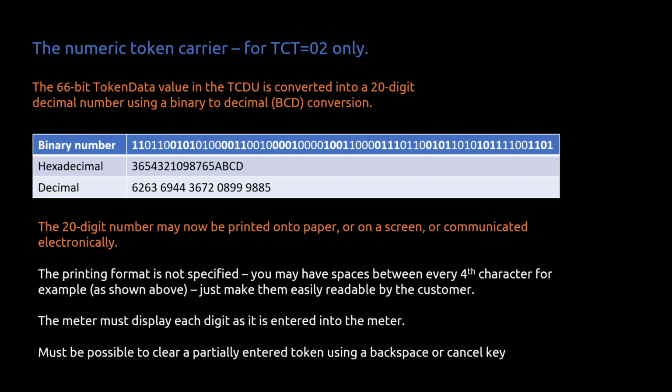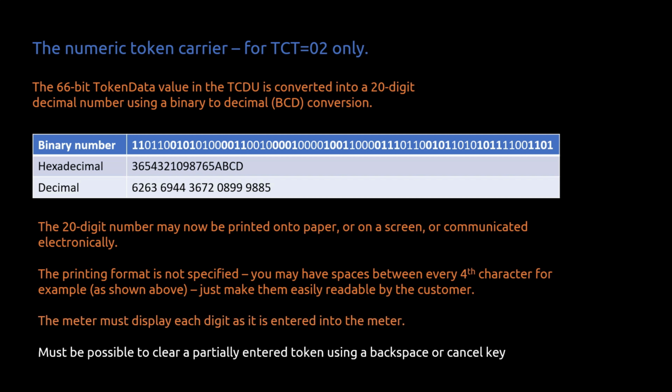The 20-digit number may now be printed onto paper or on a screen or communicated electronically in some form or another. The printing format is not specified. You may have spaces between every 4th character, for example, as shown in the example above. Whatever you use, just make them easily readable by the customer. It's not a strict requirement that you have spaces, but obviously it's a lot easier to read if you do.